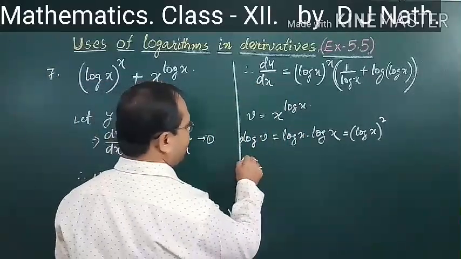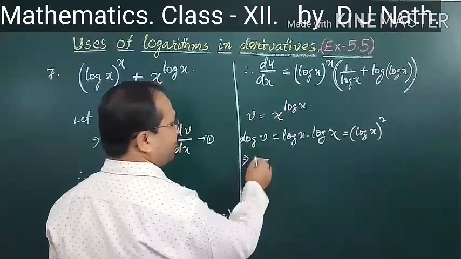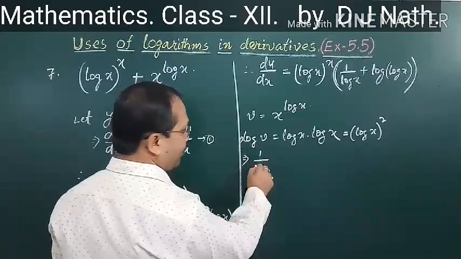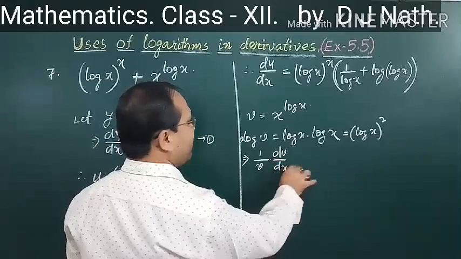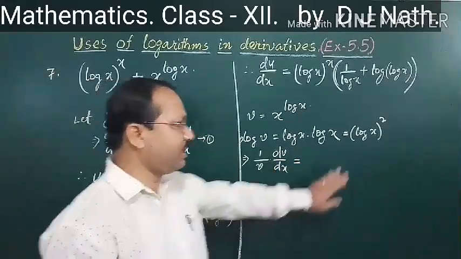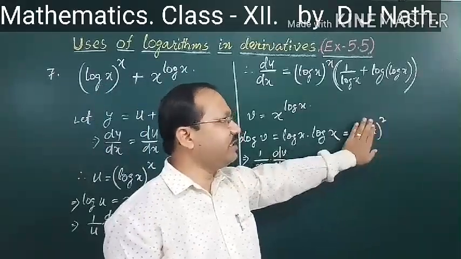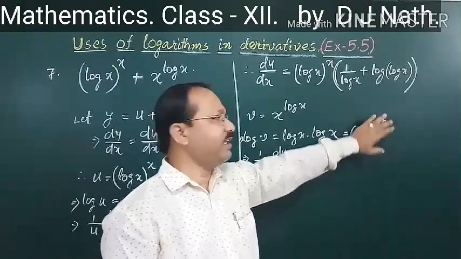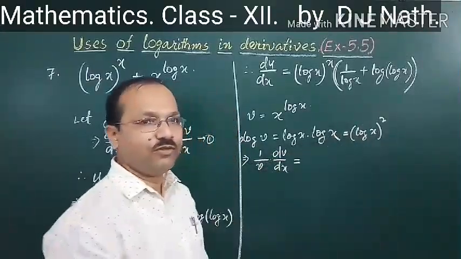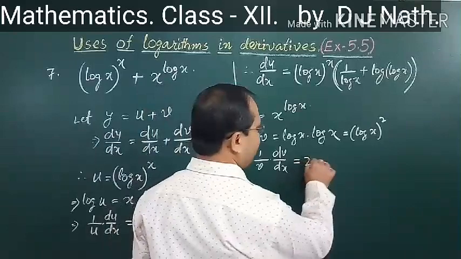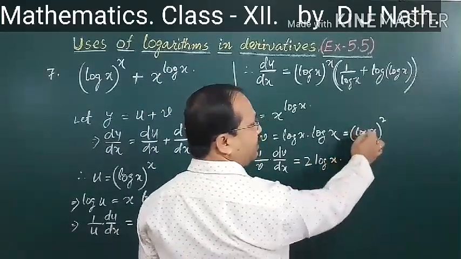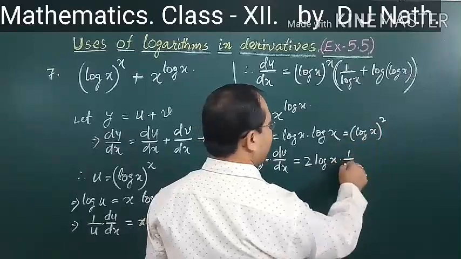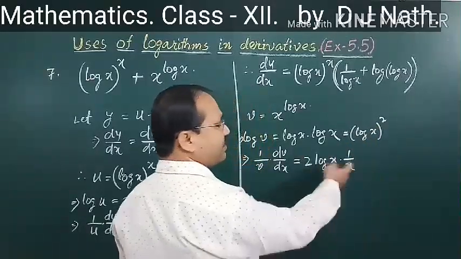So differentiating both sides, it will become 1 by v into dv/dx is equal to, now look here, log x square means like x square gives 2x, so 2 log x into, since it is log x, the differentiation of log x is 1 by x, so 2 by x log x.